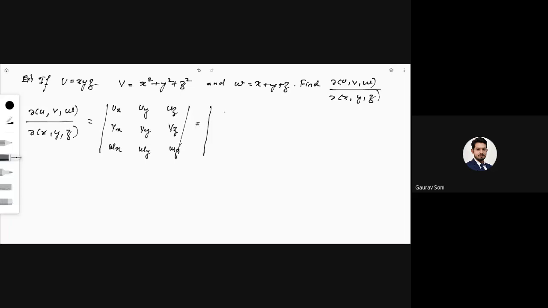This is equal to determinant: ux is yz, second one will be xz, third is xy. The second one 2x, 2y, 2z. Third one is 1, 1, 1.